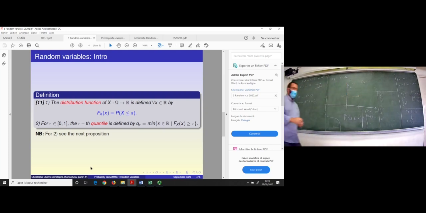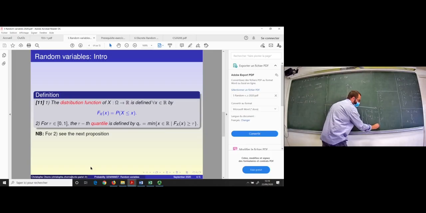The last case, if x is greater or equal to 1, what happens? The indicator function is always less than 1 because it takes values in 0 or 1, so it is always less than small x in this situation. And so what is my probability? It is 1.